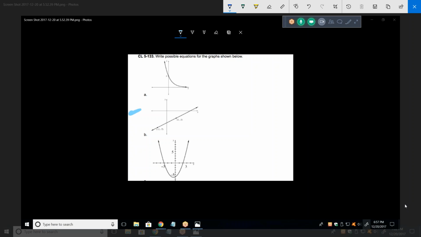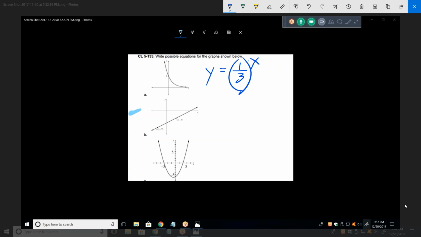That looks like exponential. It looks like exponential decay. Yeah. So maybe 1/3 to the x.